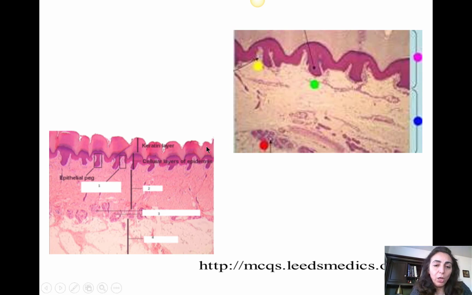When you look here, you have the epidermal ridges deep, but also these ridges have been projected over the surface of the skin too. You do not have a flat surface of the skin here. The surface of the skin also follows those epidermal ridges that are deep. That's what makes all those ridges that we have on the fingertips.